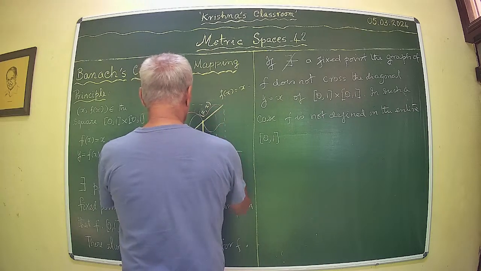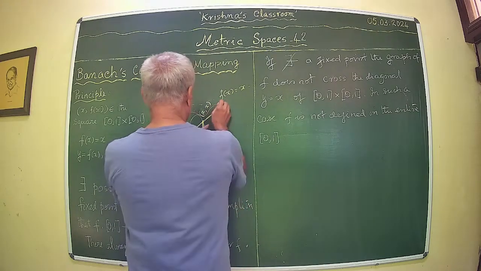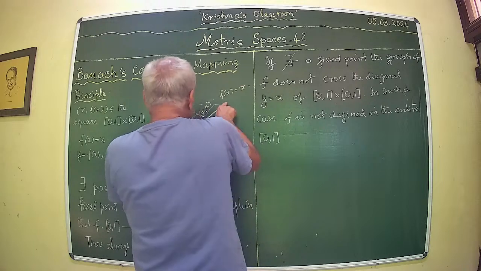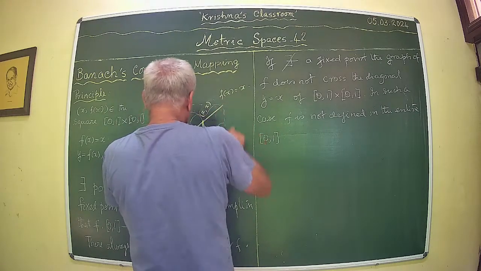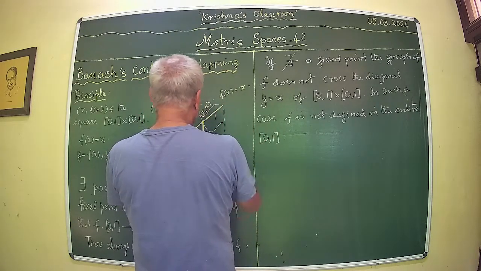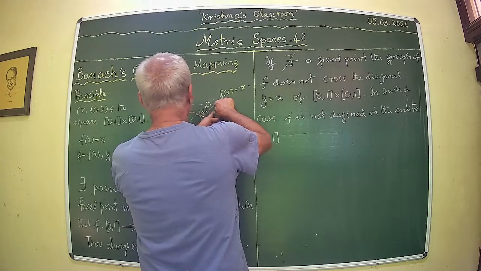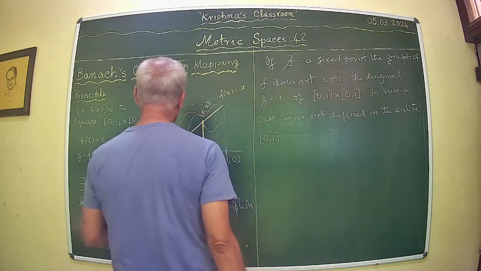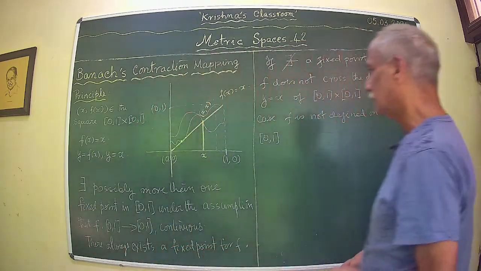So this will be the domain, and you can make it further down, unless you include this point also, because you are defining from here to here, and you cannot cross this and go across.